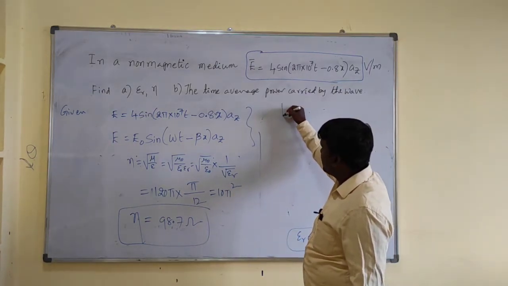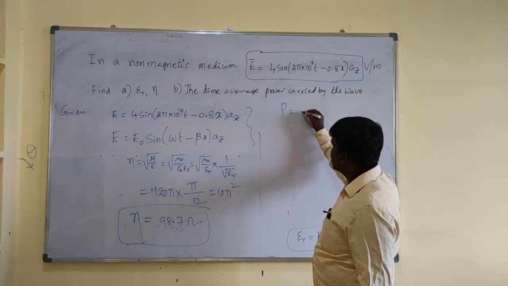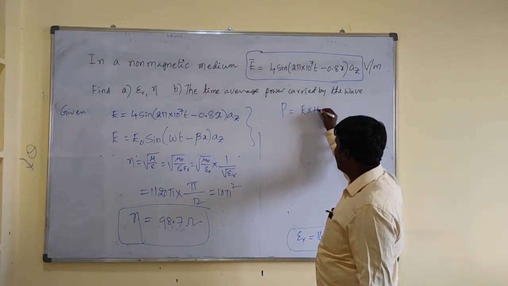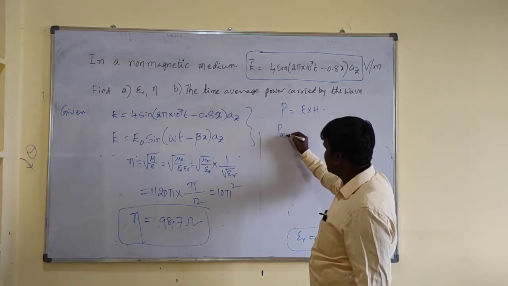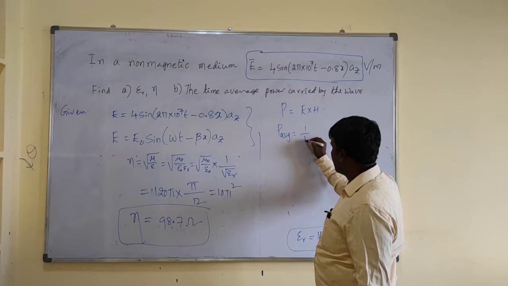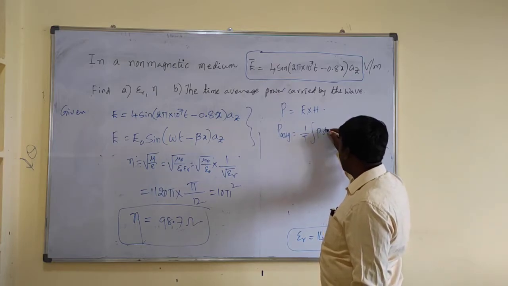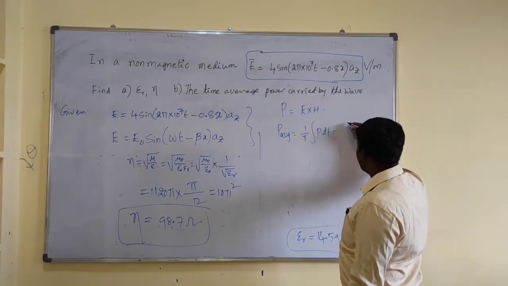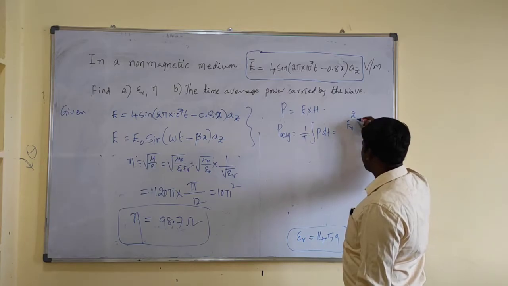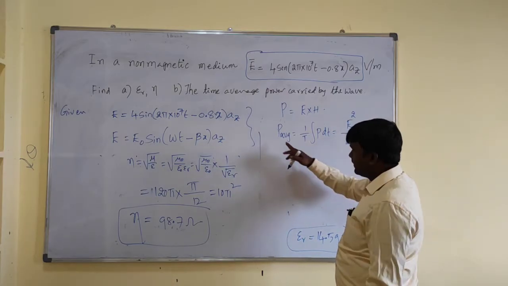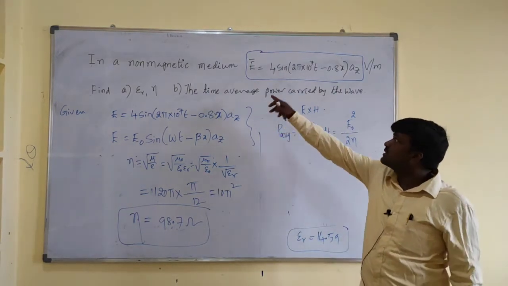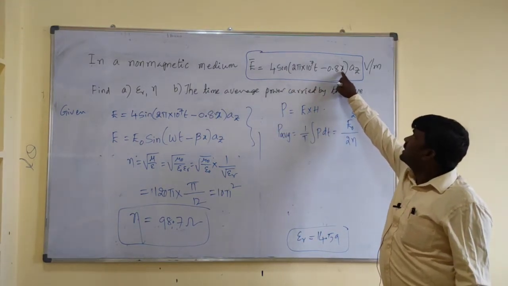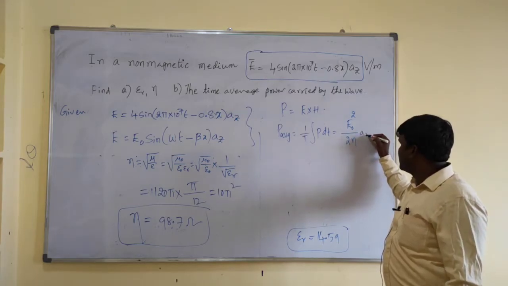We know that P is E cross H, and the time averaging Poynting vector, P average, is 1 by 2 integral P dt. After simplification we get E naught square by 2 eta, and the direction of P average is along the wave direction. In this case, the wave is traveling along the x direction.